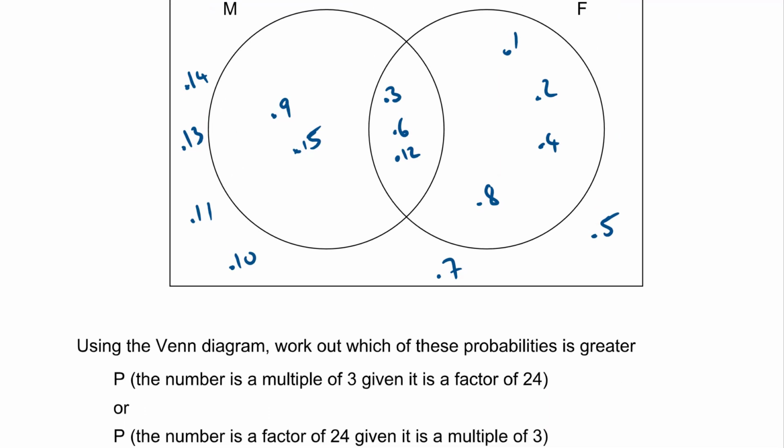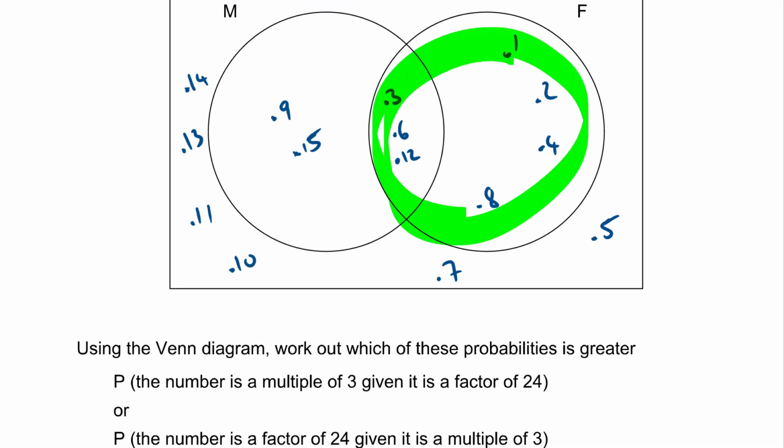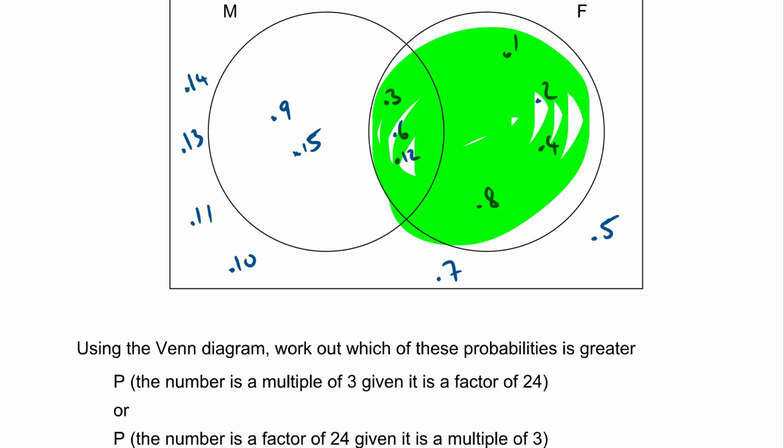So what's the probability that it's within the F set? So I'm going to pick from this group, and it is a multiple of 3. So it's going to be the 3 multiples of 3 out of the 1, 2, 3, 4, 5, 6, 7 factors of 24.